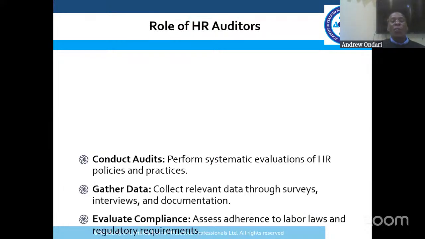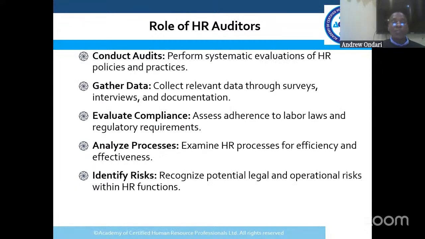What is the role of HR auditors in an organization? As we close the session, there are quite a number of roles that HR auditors play, one of which is to conduct audits. And that is the reason why we are in this training, to help us understand how to conduct the HR audits.